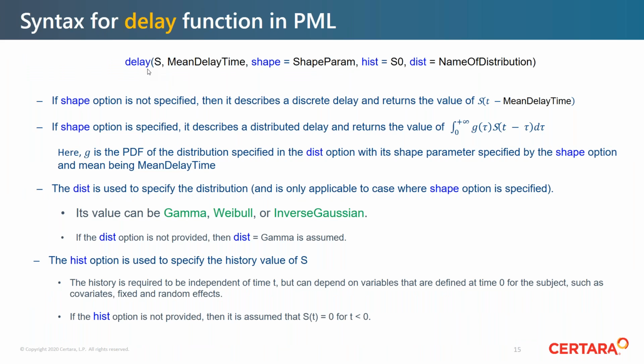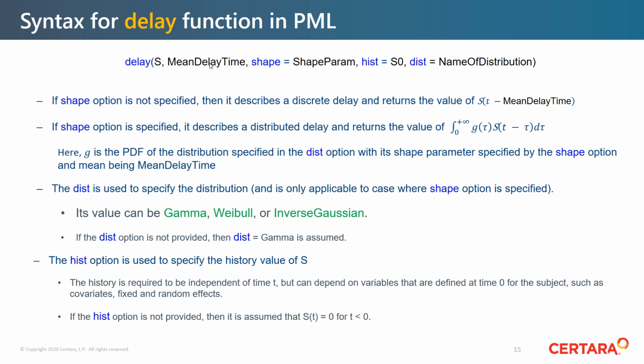And this is the syntax for the delay function, where S is the signal to be delayed. As I said before, this function can be used for both discrete delay and distributed delay. If the shape option is not provided, then it's discrete delay, and it returns the value of S at t minus the mean delay time.